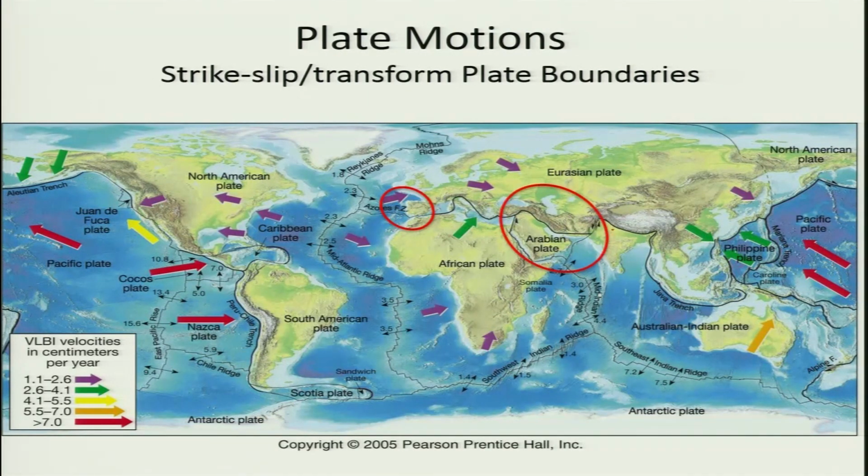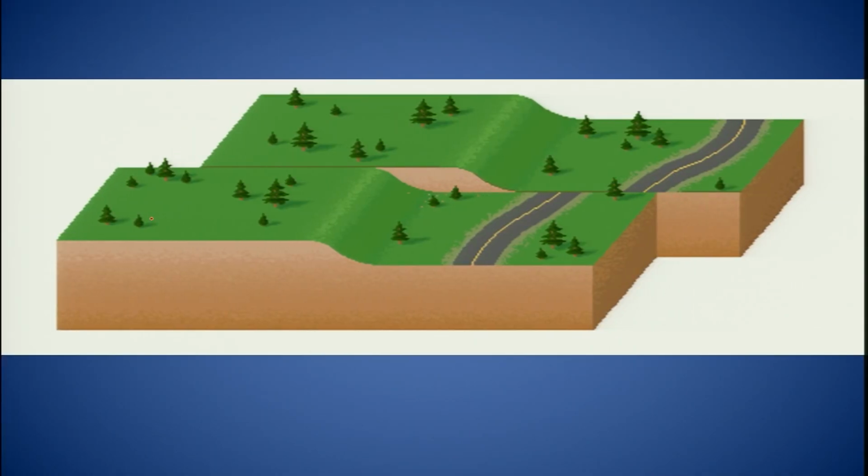Then we have the transform plate boundary along the Himalayas, which is your Chaman fault system. We also have strike slip taking place here. These are the major ones, and one of the most prominent is between the Pacific plate and North American plate, that is your San Andreas fault system.